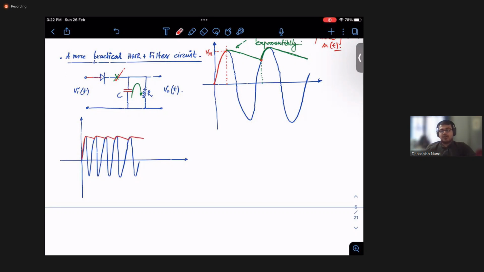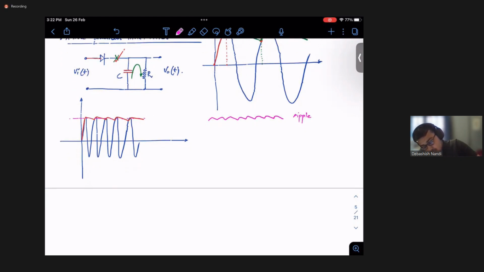So instead of a constant voltage, what are we getting? We are getting a ripple, right? We are getting a waveform like this. This is called ripple.